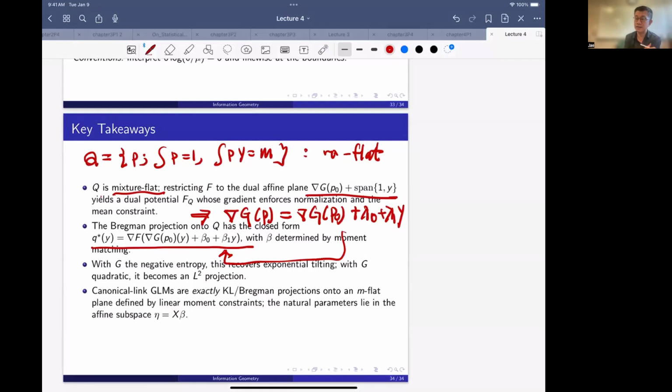So anyway, that is the projection. And then we can even extend it to the regression type problem too, using this Bregman divergence measure.